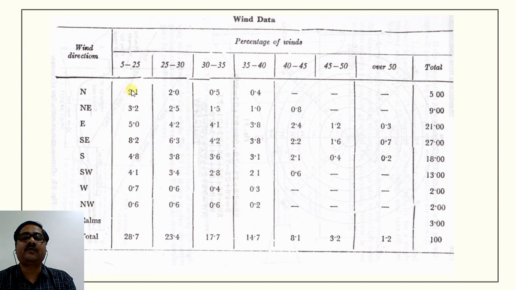And these are the percentages of time for which the wind was blowing for this particular set of velocities. If I add it all, I get a total percentage of 100, so this percentage is distributed over the various velocities with respect to their concerned direction.